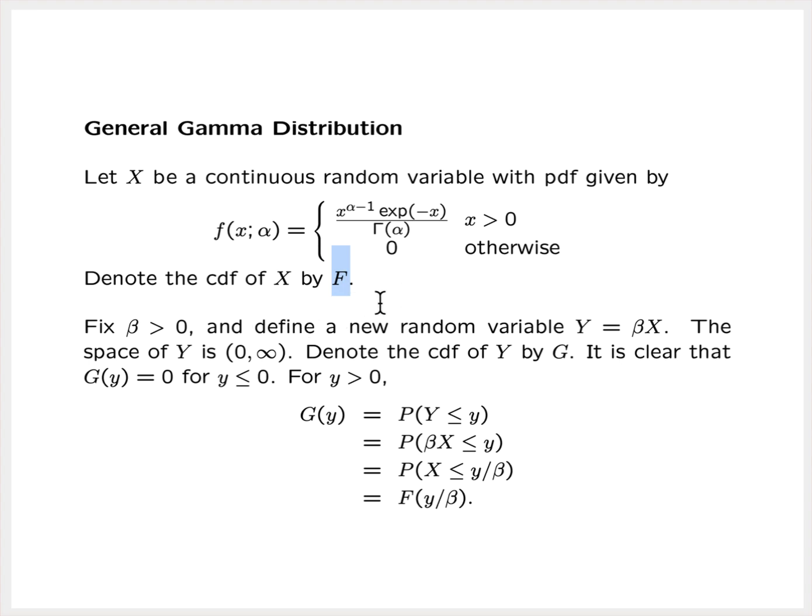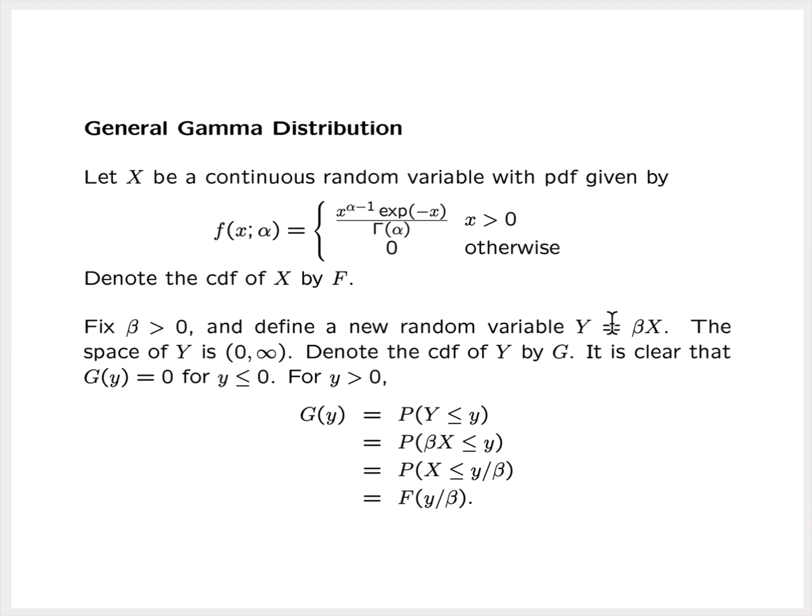Now, we're going to define a new random variable, which we're going to call y, and it's going to be equal to beta times the random variable x, where beta is a fixed positive number. The sample space of x, the values that x can take on, are the positive real numbers, the open interval from 0 to infinity.